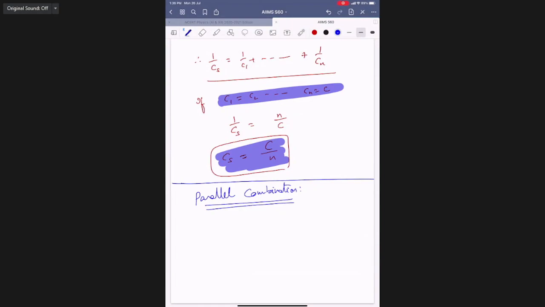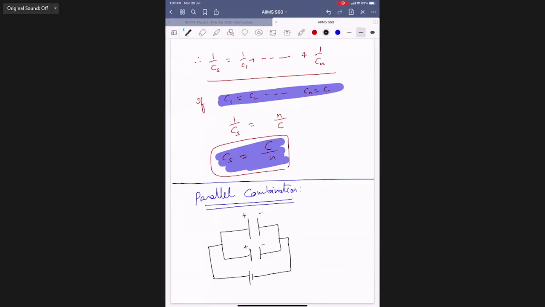Parallel combination. What is meant by parallel combination? Means one capacitor here, another capacitor here, plus minus, plus minus. These two are connected to a source of battery.